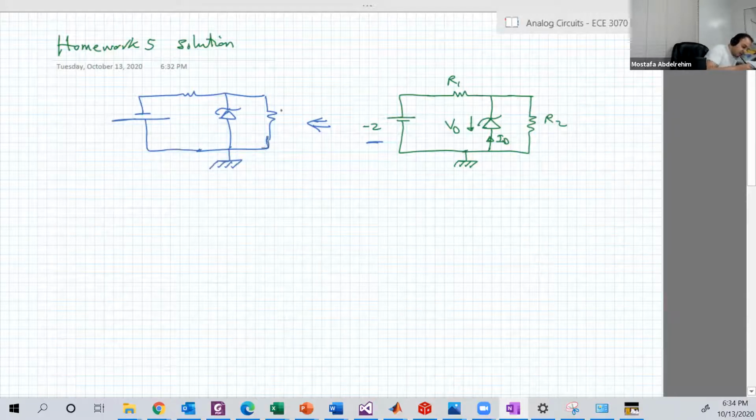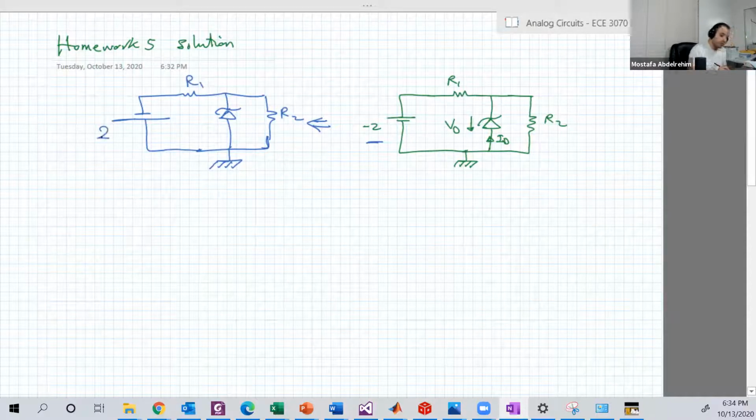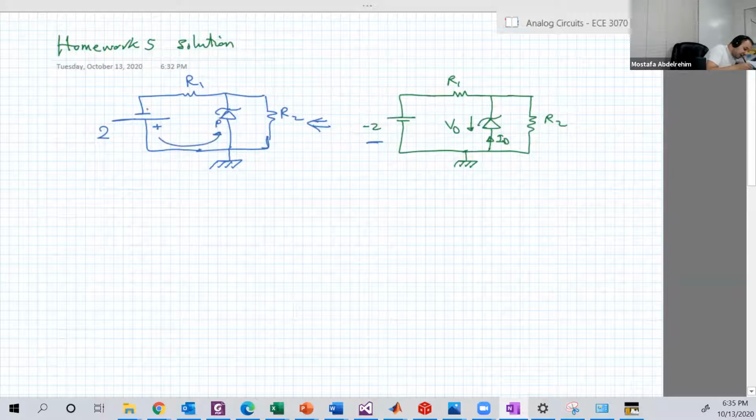Okay, we have here R2, we have here R1, and we have 2 volt. So this battery here is connected forward to the diode because the positive terminal of the battery is close to the B and the negative terminal is close to the N. Or you can say this battery wants to push current from B to N, because the current flowing from the battery will go like this and branch it like this.